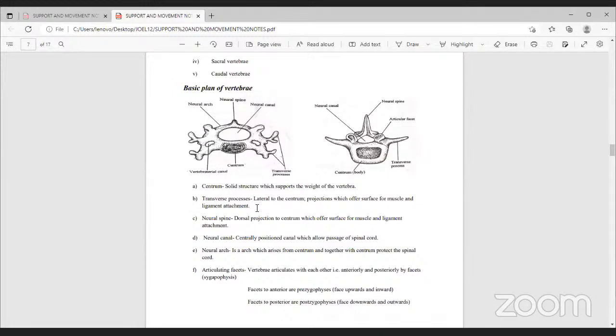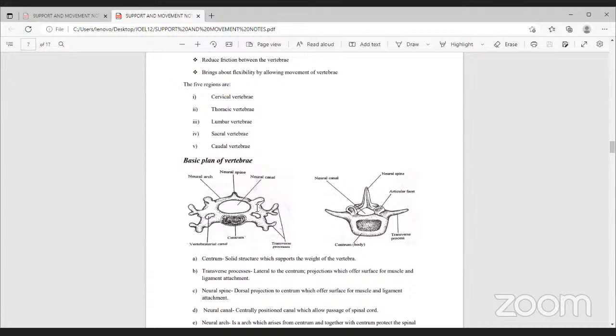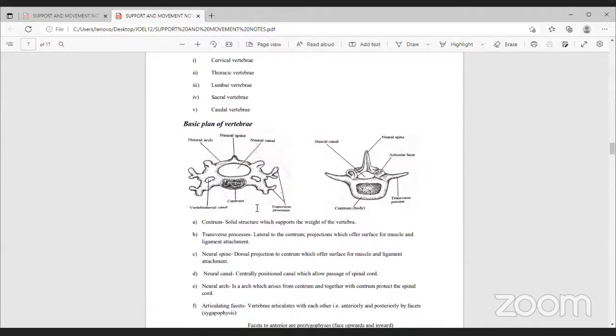So the first thing that we must be able to do is know those parts and their function, because once we start dealing with the cervical vertebrae, when I say the centrum, you should be able to know the function of the centrum in any bone.